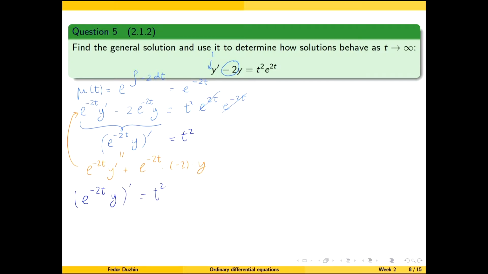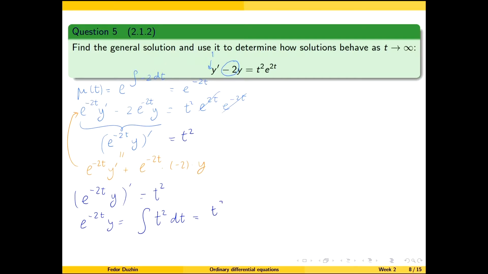We're given that the derivative of some function, e to the -2t times y, equals t squared. So it means that this unknown function, e to the -2t times y, is going to be the antiderivative of t squared dt. Well, then we can solve the integral.